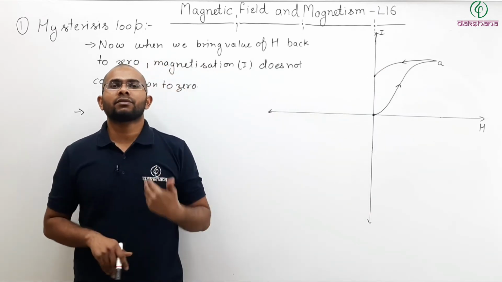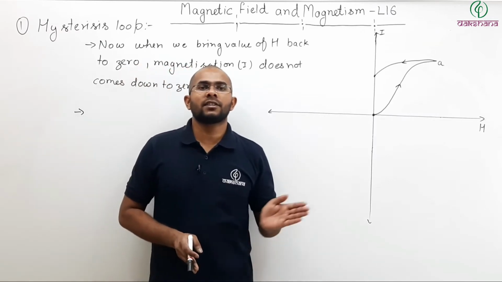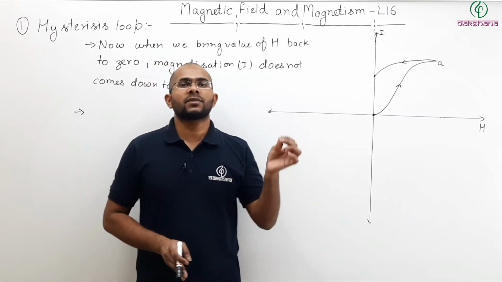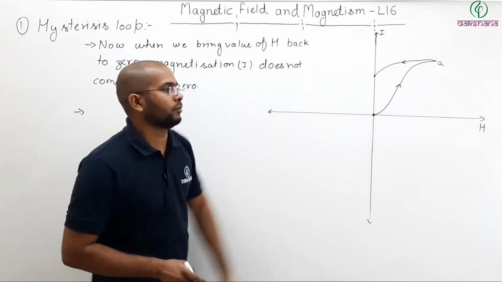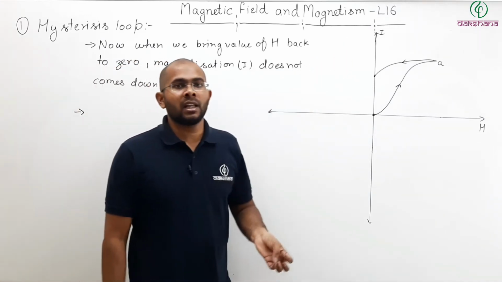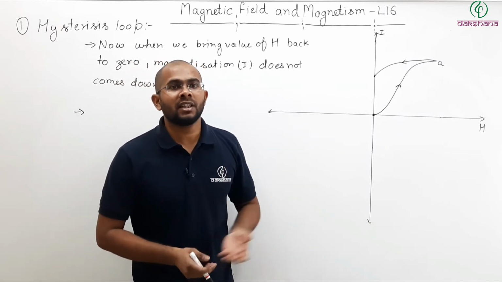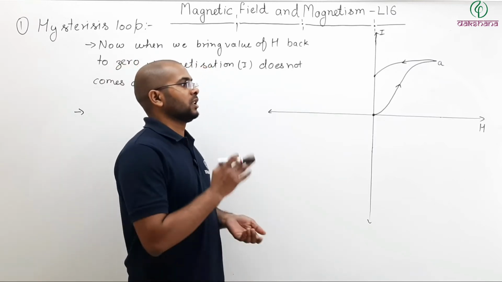But in case of ferromagnetic, even after the external field is removed, your magnetization does not become zero. Some magnetization is left. So what is happening here? Here the ferromagnetic material has some ability to retain magnetization even after external field is removed. So what will you say?